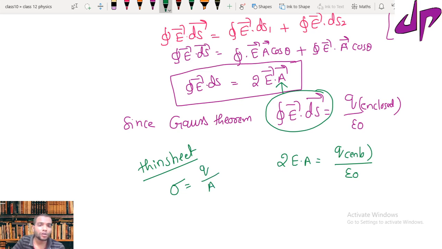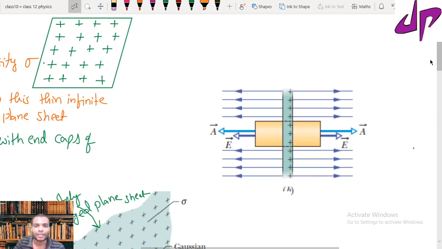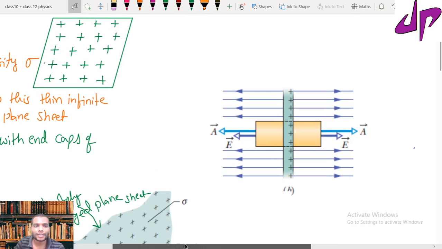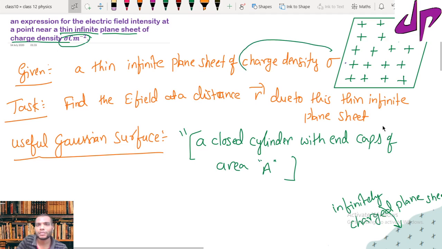For a two-dimensional object, this sigma is nothing but the areal charge density. In the given problem also, they mention that it has a charge density of sigma, which means charge per unit area.